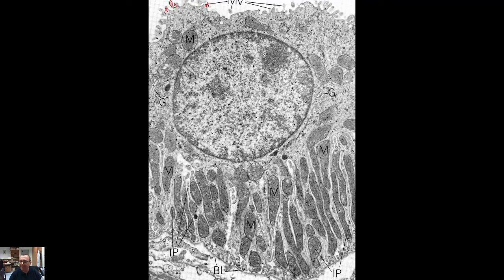Nevertheless, basal labyrinth is present, well developed, and so the nucleus is pushed a little above the central part of the cell. So basal labyrinth is present, but brush border no. The total amount of mitochondria is a little smaller than in proximal tubule.